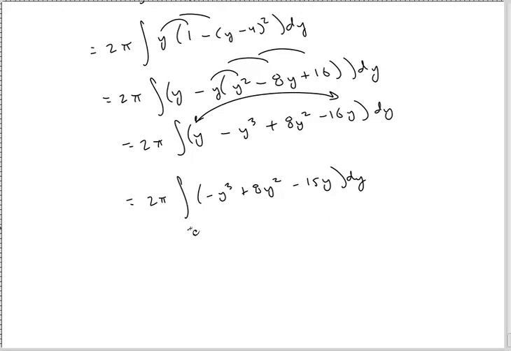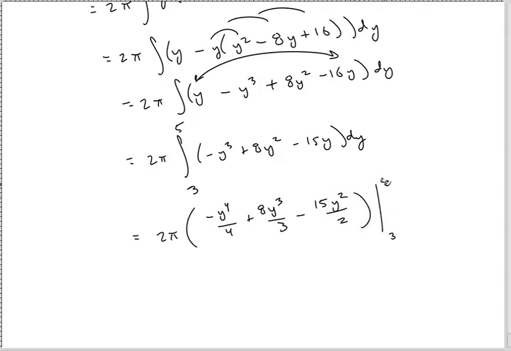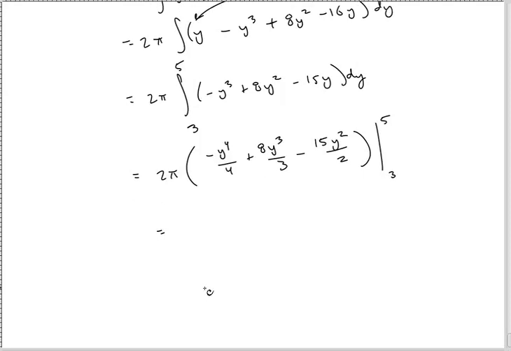And we're finally going from, again, 3 to 5. Add 1 to the power. Divide by the new power. I mean, this is not hard. It just is so long. And again, at this point, I just said, you know what?